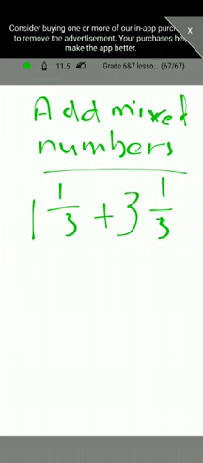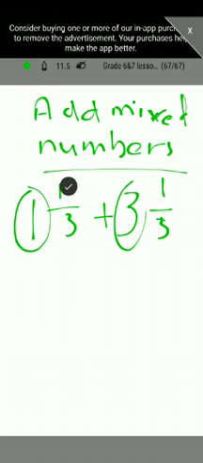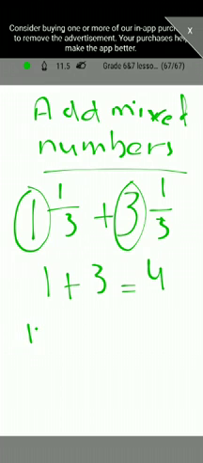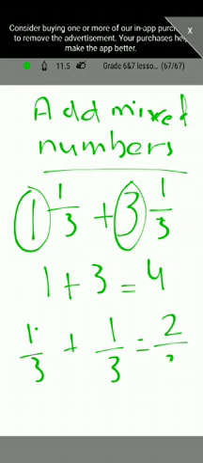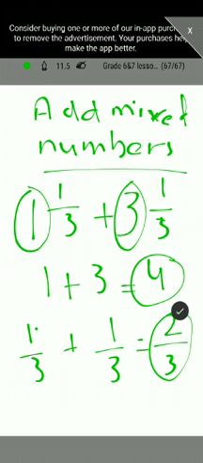For adding mixed numbers, we add the whole numbers together first. 1 whole plus 3 whole is equal to 4 whole, and then you add the fractional parts. 1/3 plus 1/3, you will get 2/3. So you write the 4 whole and 2/3 together, and your answer will be 4 whole 2/3.